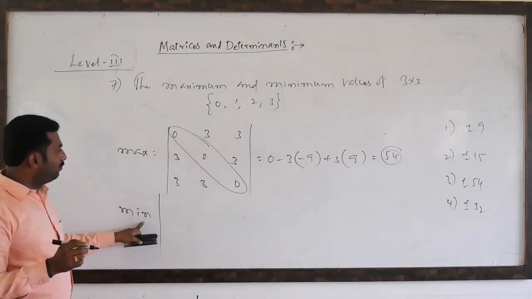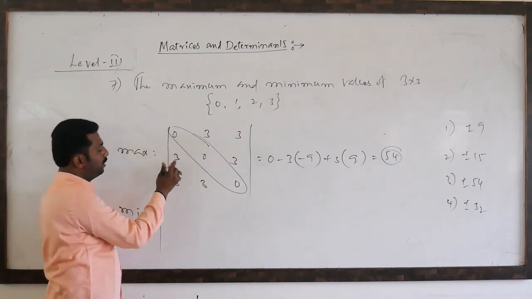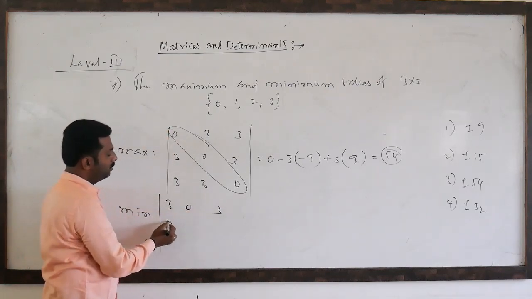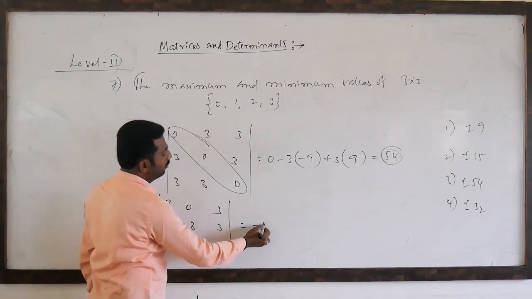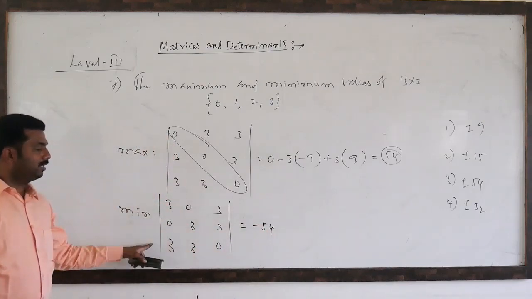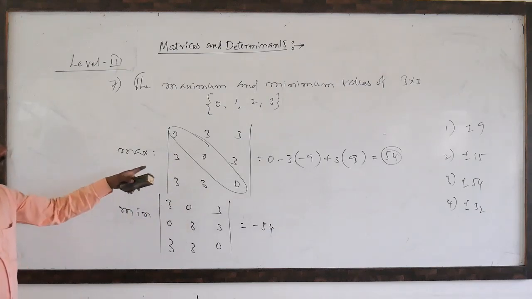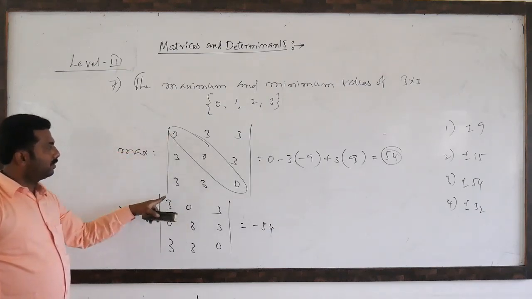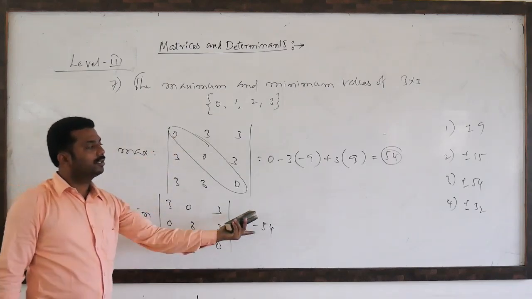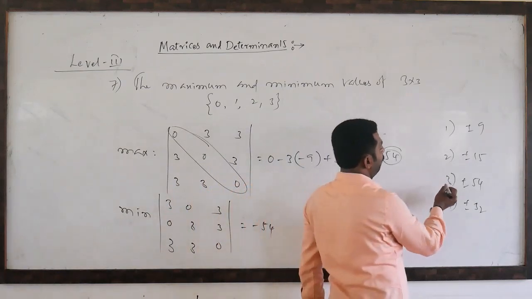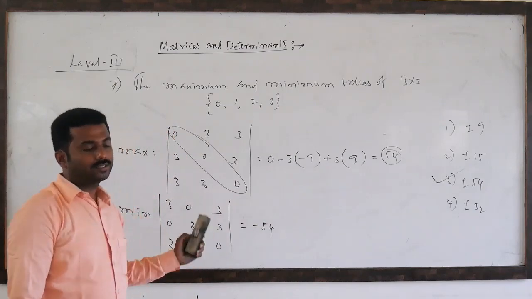Then to get the minimum, if you interchange any 2 rows or columns, suppose R1 and R2, the sign will reverse, so 54 becomes minus 54. So the maximum is 54, the minimum is minus 54. So plus or minus 54, we got the answer like that.